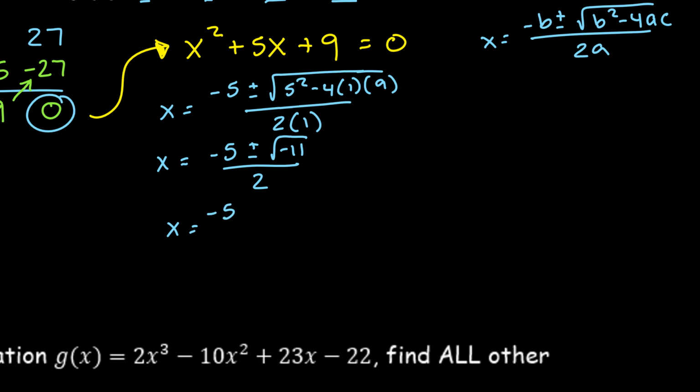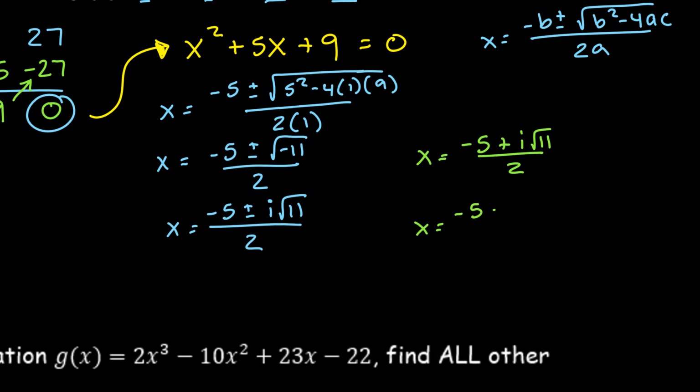So this becomes -5 plus or minus i square root of 11, radical 11. So I have two more roots here, and I know they're super ugly, but that's okay. They're still our roots. x equals -5 plus i square root of 11 over 2, and x equals -5 minus i square root of 11 over 2.